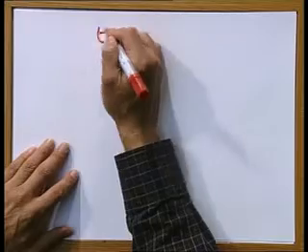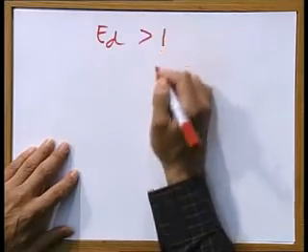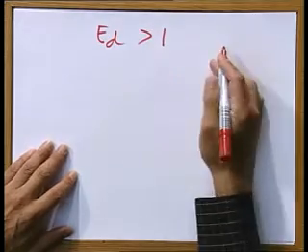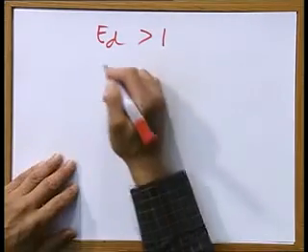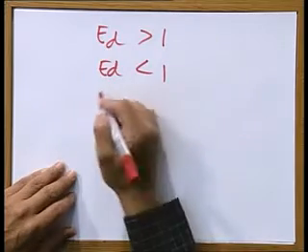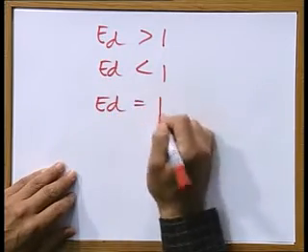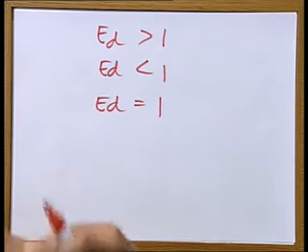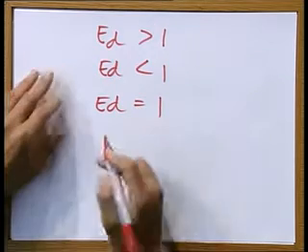And just to summarize it again, ED can be bigger than 1. Then we talk about elastic demand. ED can be smaller than 1. Then we talk about inelastic demand. ED can be equal to 1. Then we talk about unit elastic demand or unitary elastic demand.